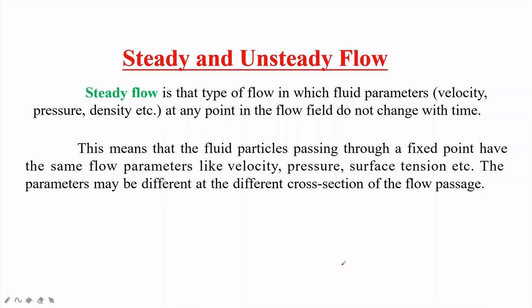So steady flow is that type of flow in which the fluid parameters at any point in the flow field do not change with time. If they do not change with time, it is called steady flow. Then coming to unsteady flow.